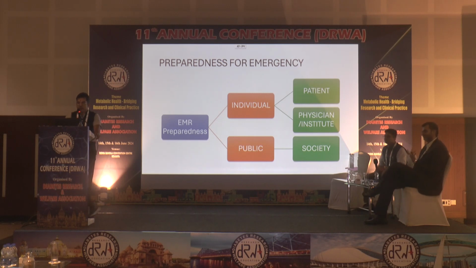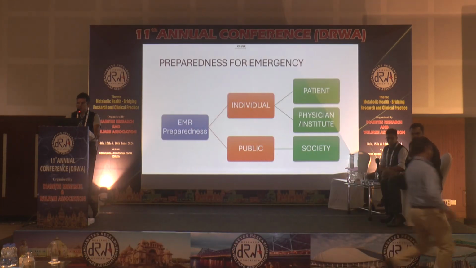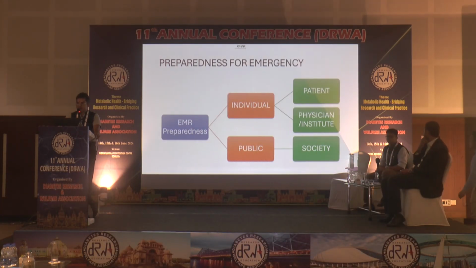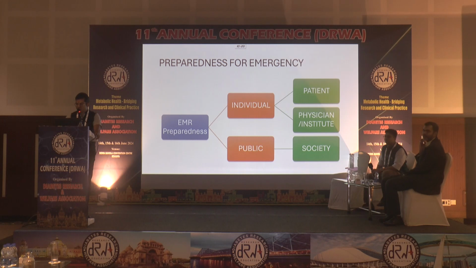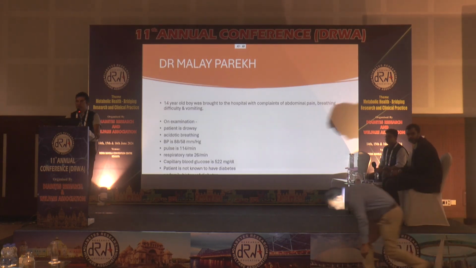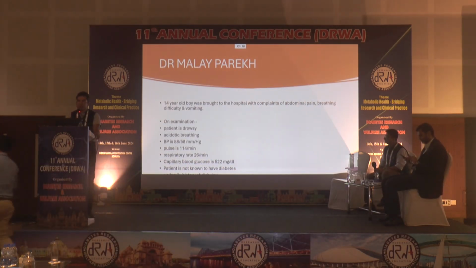So preparing for emergencies can be at the individual level, the patient level or family members level, or the physician or institute level, and at some point the general public can be educated at the society level, because many times the patient is exercising in the park or on the road and falls because of hypoglycemia, and the people are not educated about what should be done.